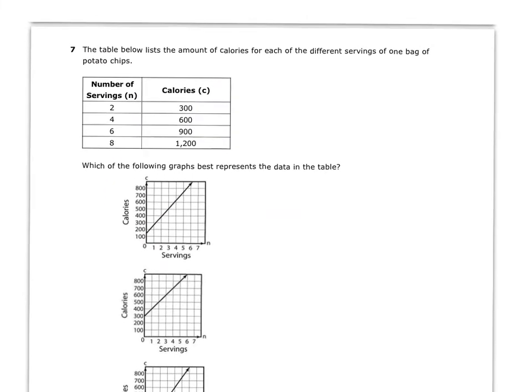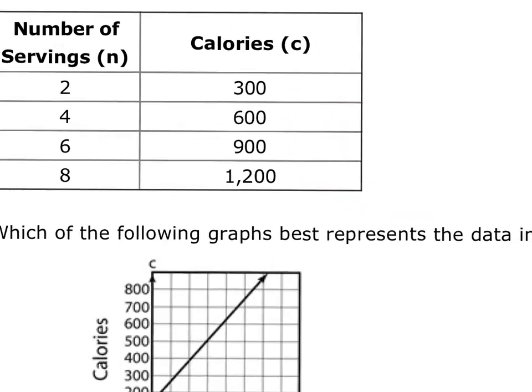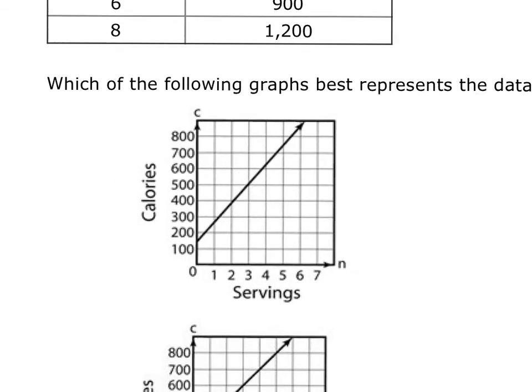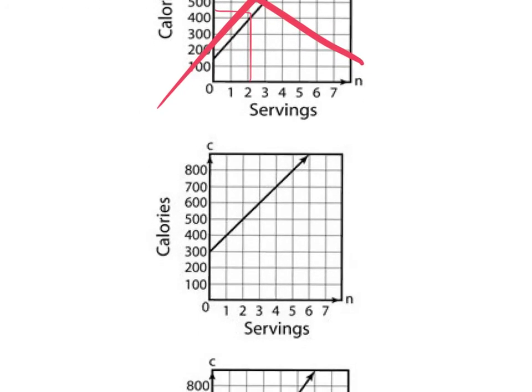Number 7, guys, this is one of the easiest problems I've ever given you on any test. Ever. We want to know which one of these graphs match up with this table. Well, the first thing in our table, for 2 servings, you get 300 calories. We look at the first, 2 servings, 400 calories. Doesn't work. 2 servings, 500 calories.